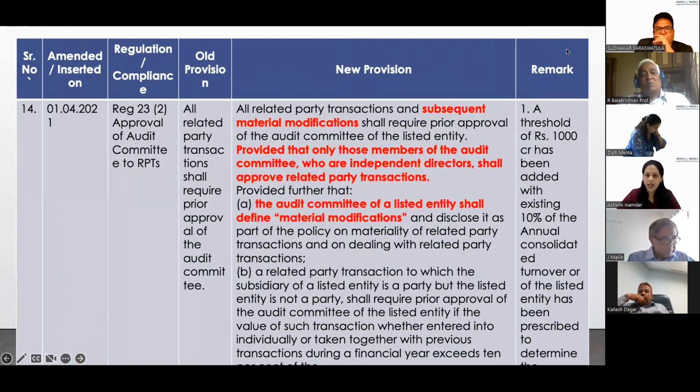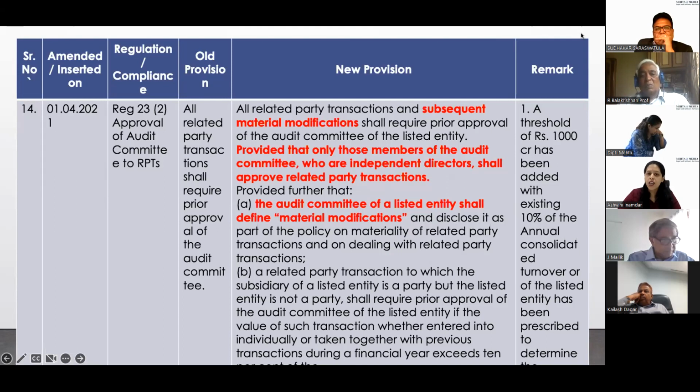The second amendment is about related party transactions and subsequent material modifications. These shall require prior approval of the audit committee, provided that only those members of the audit committee who are independent directors shall approve such related party transactions. The audit committee of a listed entity shall define the material modifications.